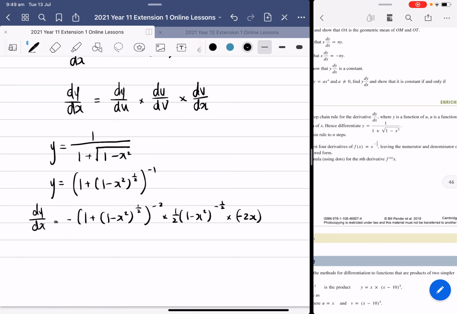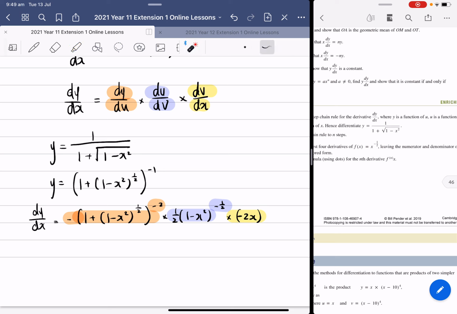All right, so that's it. If you want to highlight it, dy over du is this part, du over dv is that one there, and the last one, dv over dx, is that last little bit. Once you finish, you can simplify this.